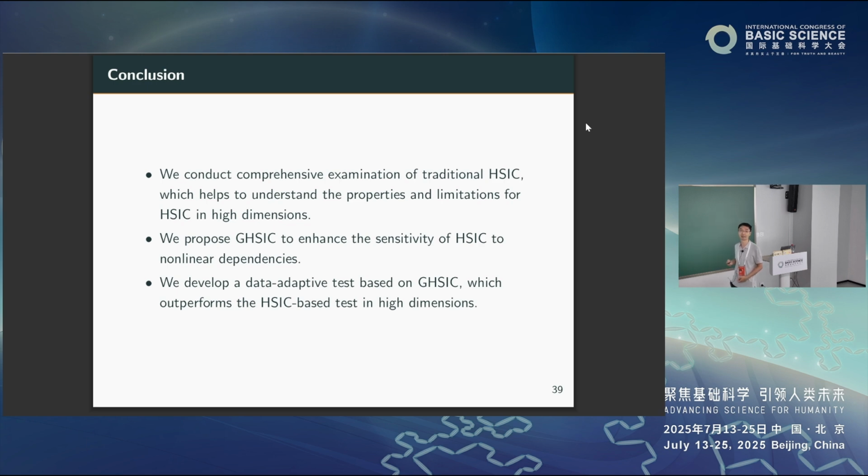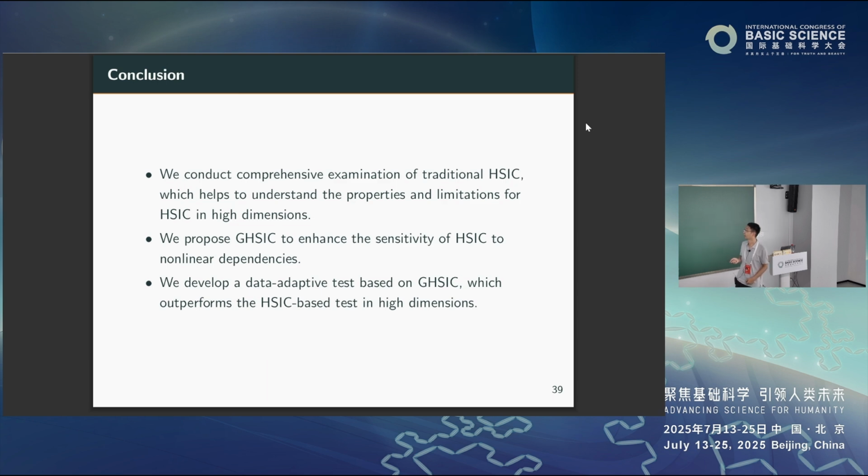It helps us to understand why the HSIC can only capture linear dependence in high dimensions, mainly because the weight function is symmetric about 0 and peaks at 0, and around 0 the difference between the joint and marginal characteristic functions is essentially the linear dependence between x and y.